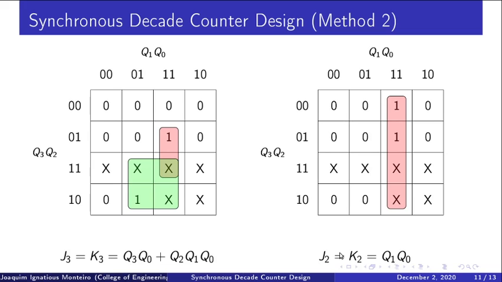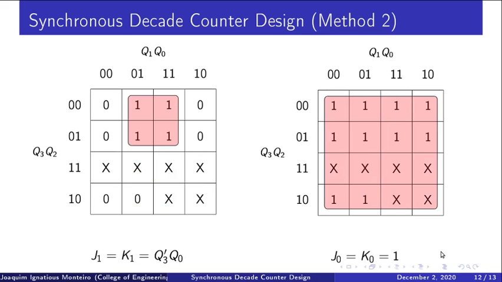Then again here Q1 Q0, right? Again K1 J1, Q3 dash Q0, and J0 K0 will always be 1 because in most cases it is 1. Did you get the expression like that?